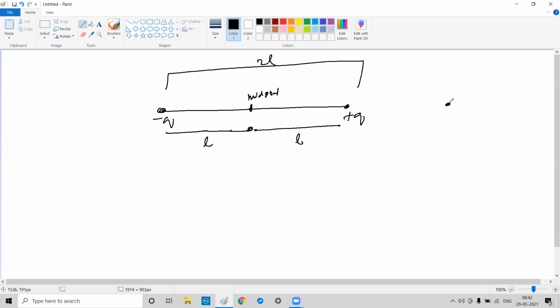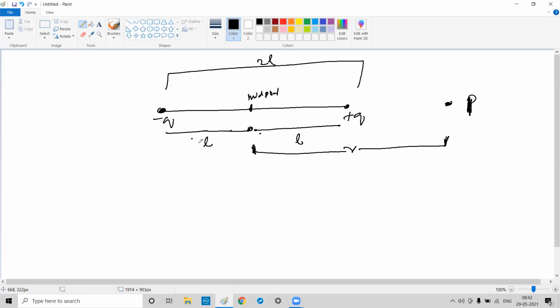We have a point P, let's say R distance from the middle point. The distance between the charges of the dipole is 2L, and the distance from the middle point to the point where you want to find the potential is R.